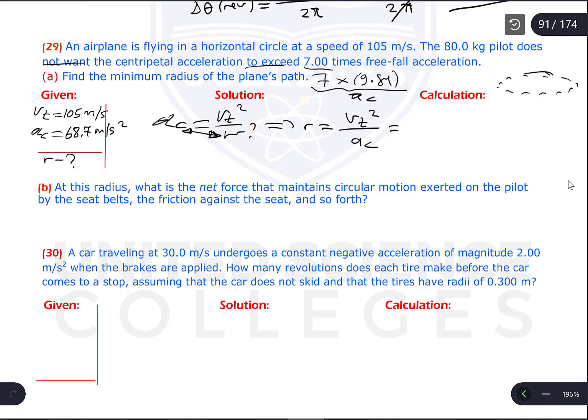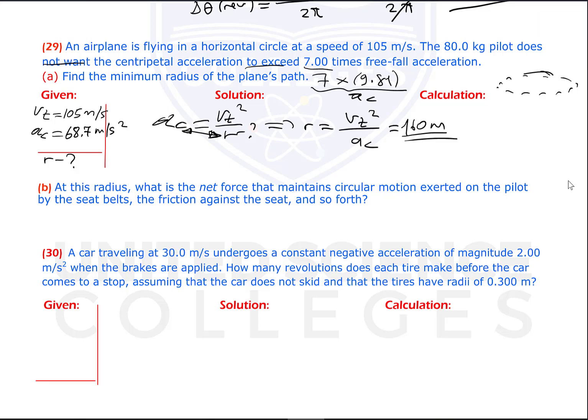How much is v_t? v_t is 105 squared divided by 68.7. Result is going to be 160. 160 meters is the radius of this circular path.